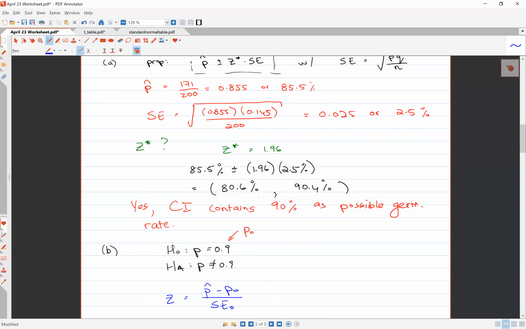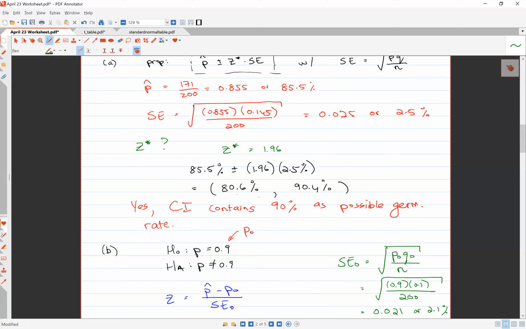So we have P hat, we have P naught, we need to calculate SE naught, and that's this standard error formula, but with P naught and Q naught instead of P hat and Q hat. So in this case, 0.9 times 0.1 divided by a sample size of 200 will give us a standard error of 0.021 or 2.1%.